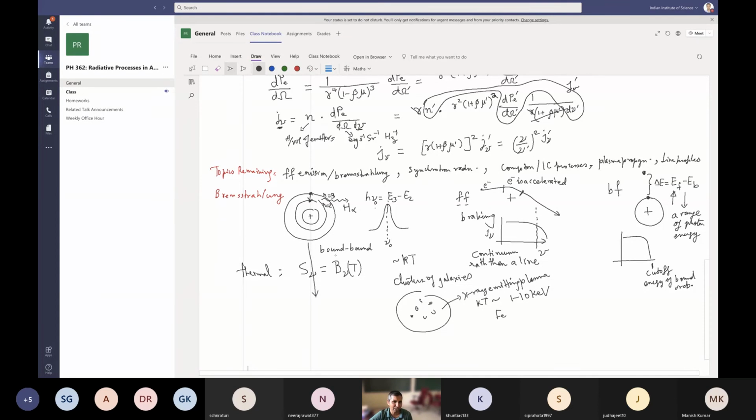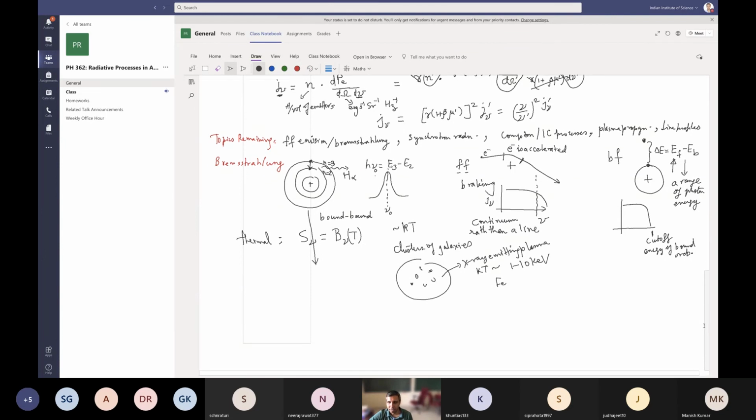If matter is fully ionized, you cannot have bound transitions. You need some neutrals in which you can have these excitations and de-excitations. So in clusters of galaxies, you get Bremsstrahlung, for example. The other places which give Bremsstrahlung are things called Stromgren spheres, which are ionized bubbles around star-forming regions, around stars.